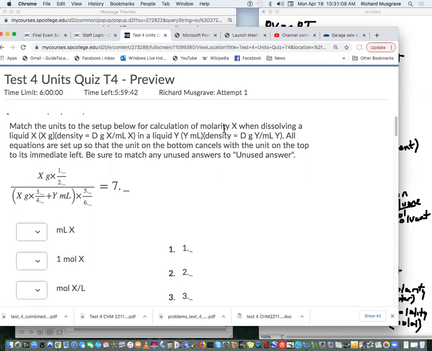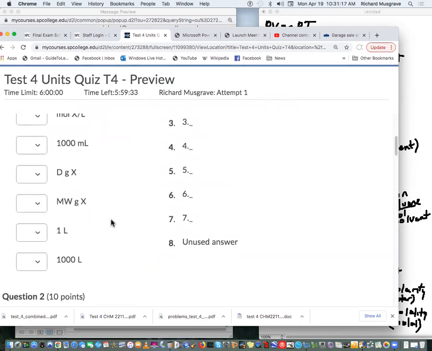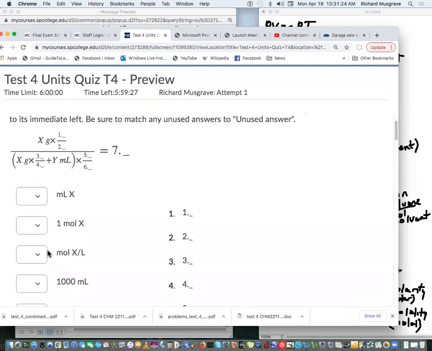For example, this would be for molarity of X. The final thing you want here is moles per liter, or molarity. It says mole X per liter, that'll be the final one. So that's what 7 would be, because that's molarity.